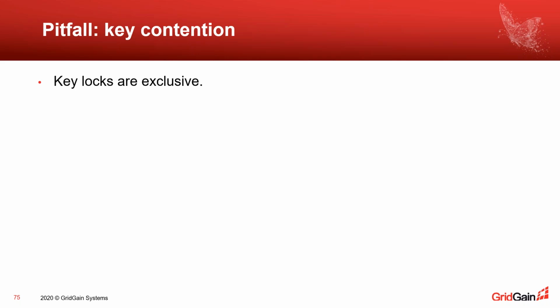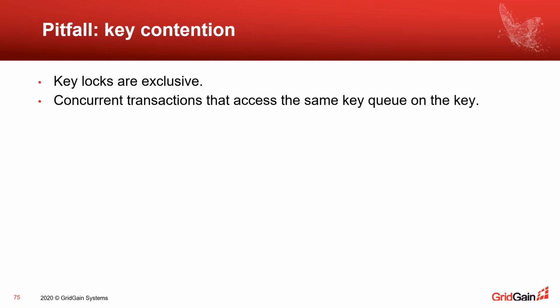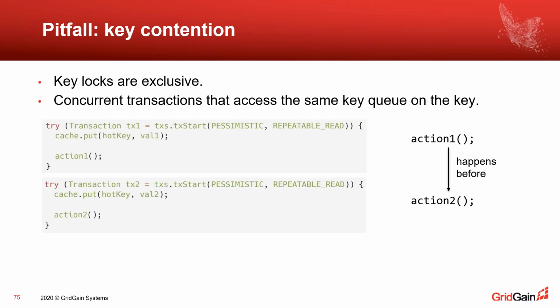By key contention, I mean that key locks are exclusive, and if your business code has concurrent transactions that access the same key, they will just line up on this key. So consider an example where you have several concurrent transactions. Each of them accesses or writes some hot key, and after that these transactions perform another action.